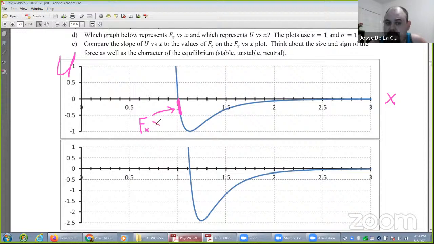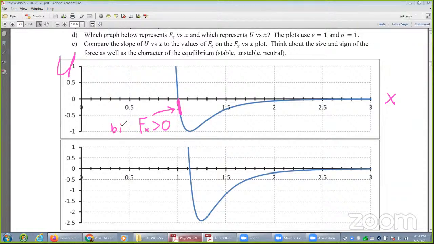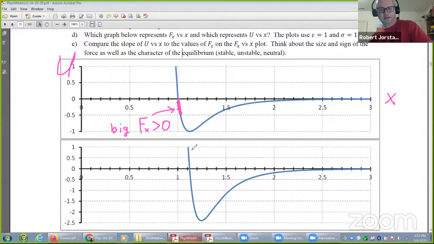Positive. And should it be large or small? Large. In fact, it's so big, it would be something like this, way up there, because right at this spot it's so large, I can't even fit it on the graph because it would make all the rest of the graph so tiny you couldn't do anything with it.